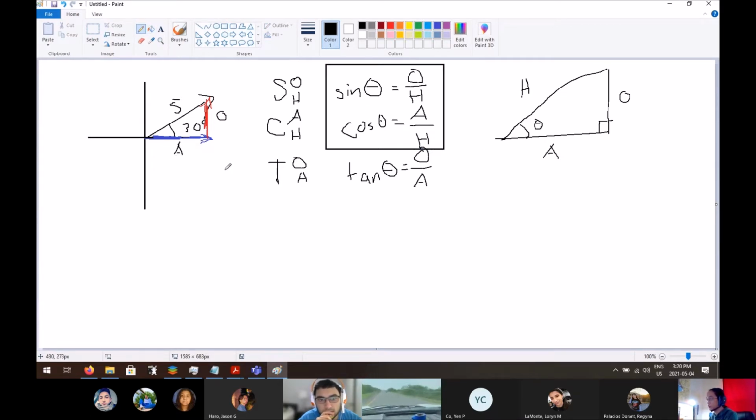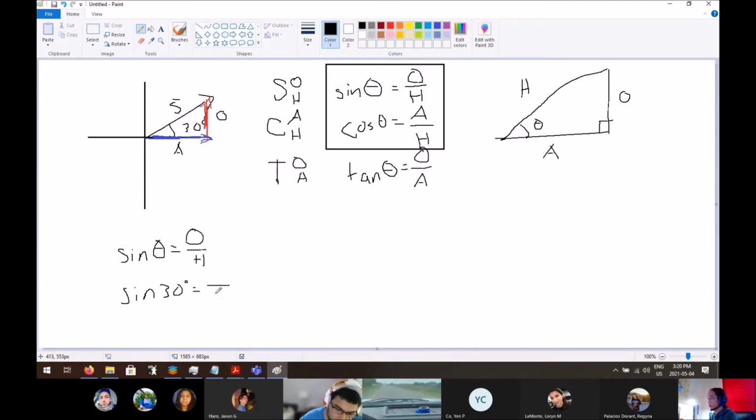Right, so how does this work? Let's just do sine theta first. Sine of theta equals opposite over hypotenuse, right? We know theta is 30 degrees in this example. We don't know opposite, so that's what we're looking for.